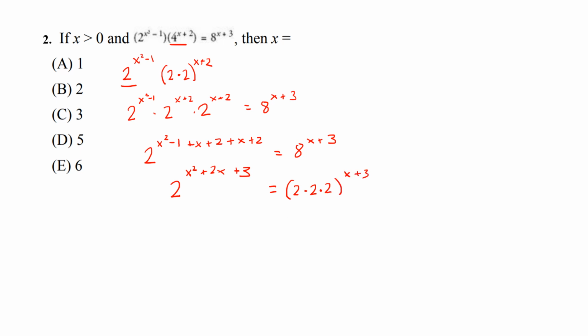So that's the same as saying 2 to the x plus 3 times 2 to the x plus 3 times 2 to the x plus 3. We can simplify this and show it in another form: because it's multiplied together, we can add the exponents together, and that's 3x plus 9.